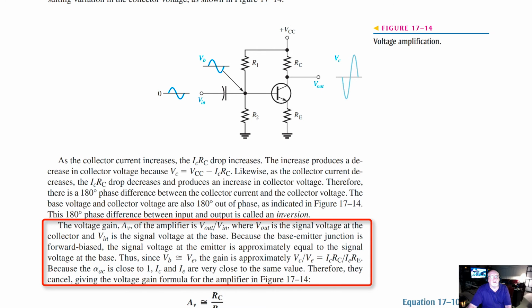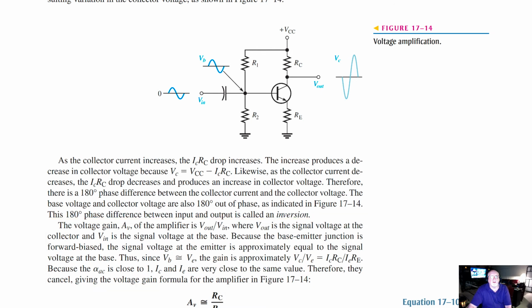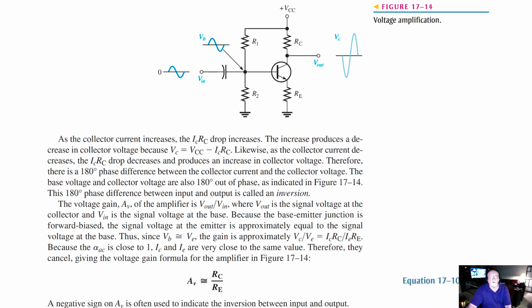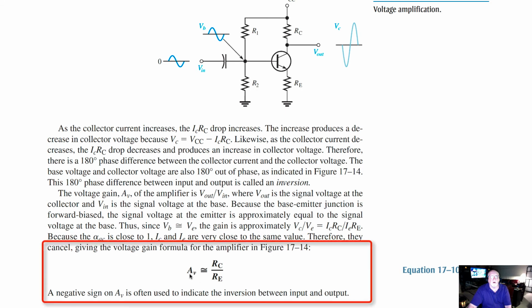Therefore, they cancel, giving the voltage gain formula for the amplifier. And so there we go. A sub v approximately equal to R sub C over R sub E, the DC values. A negative sign on A sub v is often used to indicate the inversion between the input and the output.